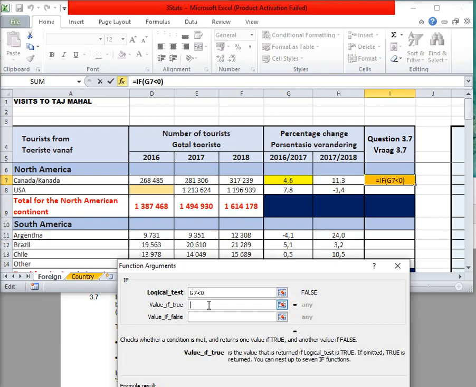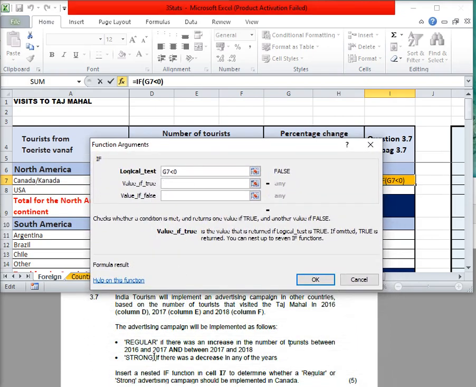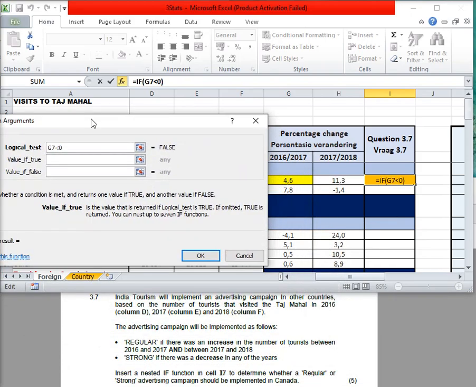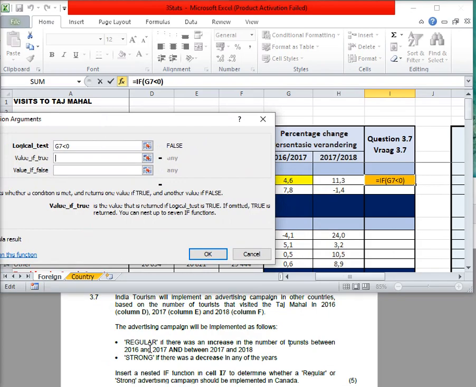So if the cell has gone down, we look at the question again: if there was a decrease in any of the years, so if there's a decrease between 2016 and 2017, that must mean that it's strong. They must do a strong, and it says it in capital letters, so let's put it in capital letters.